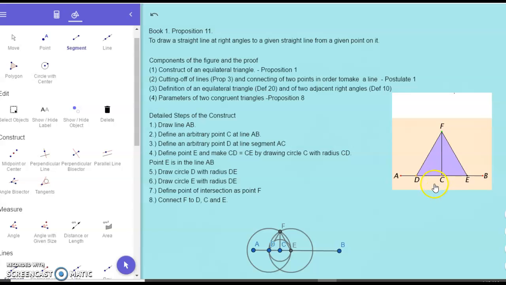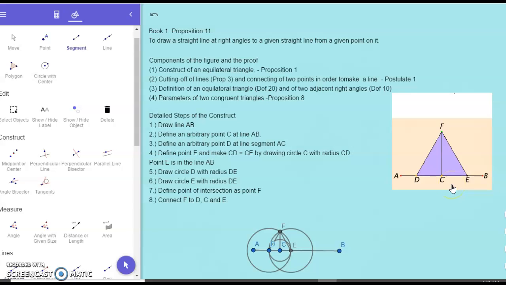So that is our second pair of equal sides. And lastly, we have replicated line CD here to have line CE. So we can say that side DC is equal to side CE. This is our third pair of equal sides.